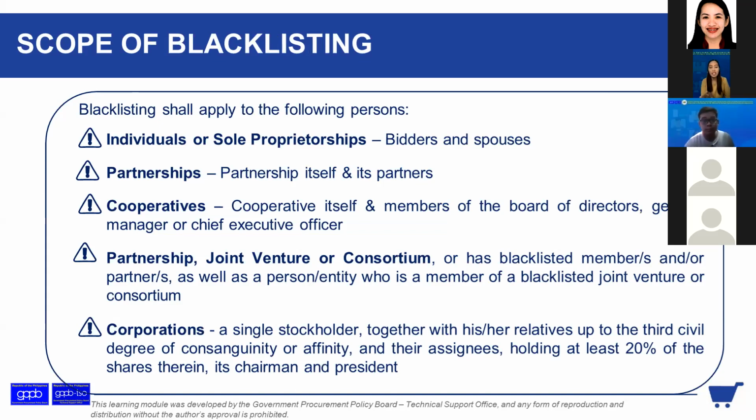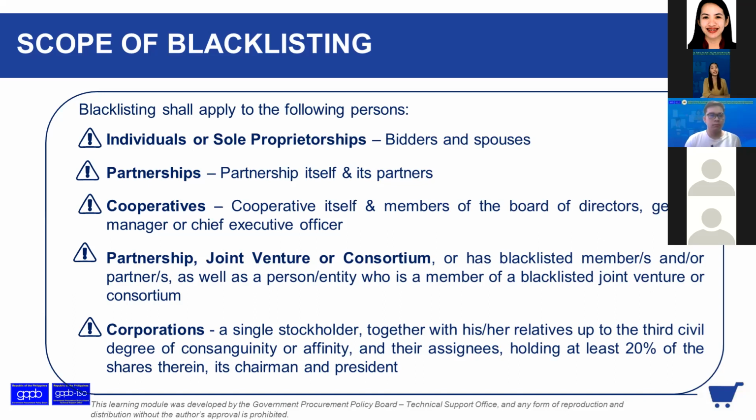So if the partners are directors of another corporation, with a controlling interest of more than 20%, then that corporation is also blacklisted. No? Damay-damay. How about cooperatives? Only if the cooperative itself and its members of the board of directors, general manager, or chief executive officer are also blacklisted.